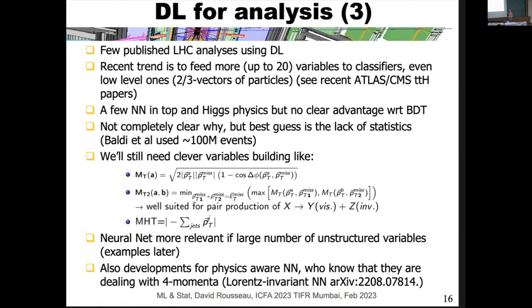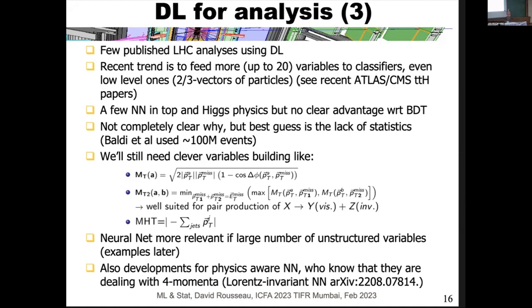And maybe on this is this problem of the number of millions of events. If you do BDT, you can train a BDT quite well with 100,000 events, okay? But for a neural network, to really get the most out of it, you really need a lot of events, and we never have a lot of events.